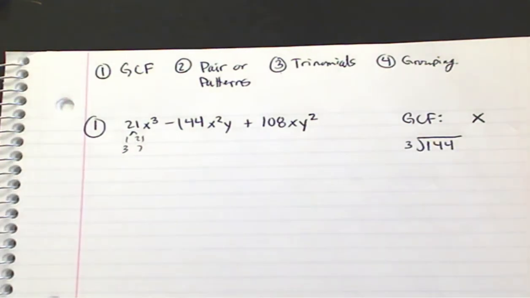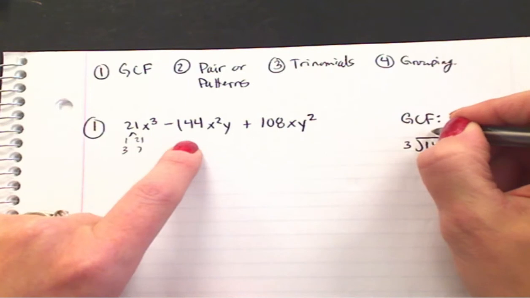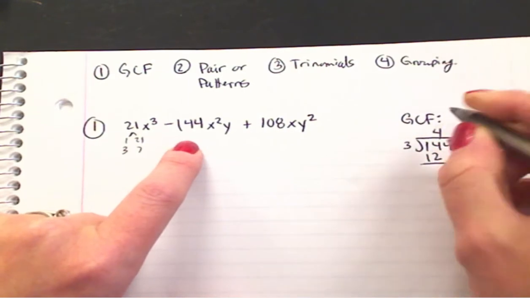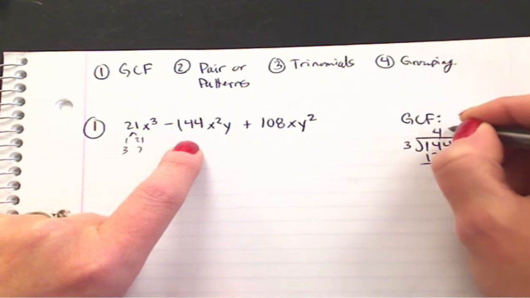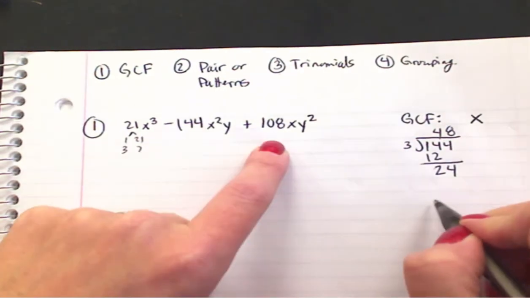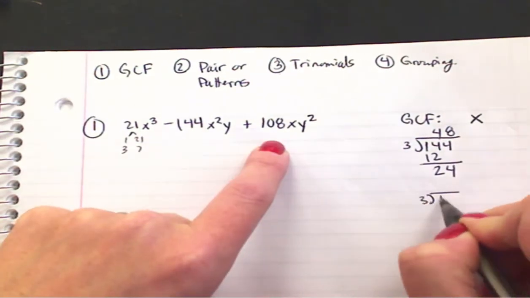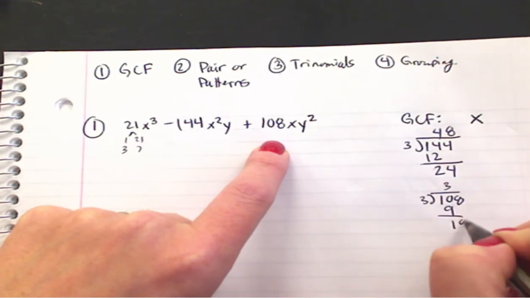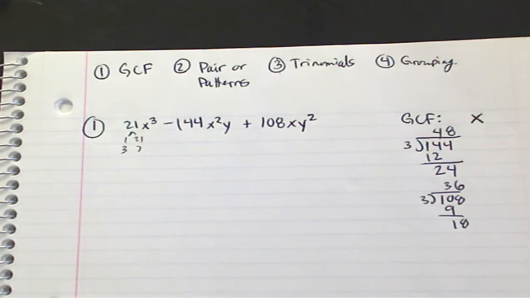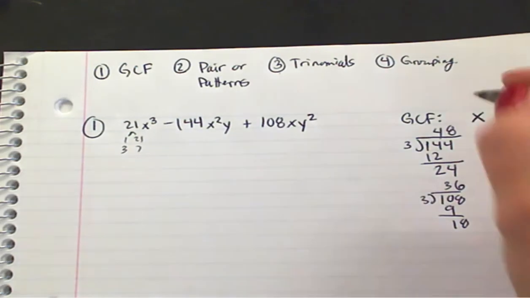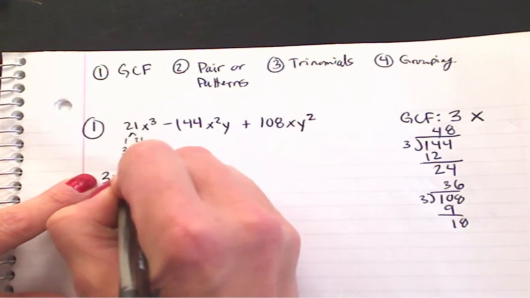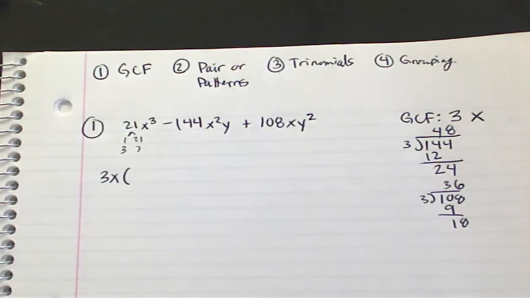I'm seeing if 3 divides everything. Okay, and I'm going to see if 3 divides 108. Okay, so 3 divides everything evenly, and so 3x is my GCF. I'm going to do that first because it's number 1 on the list.